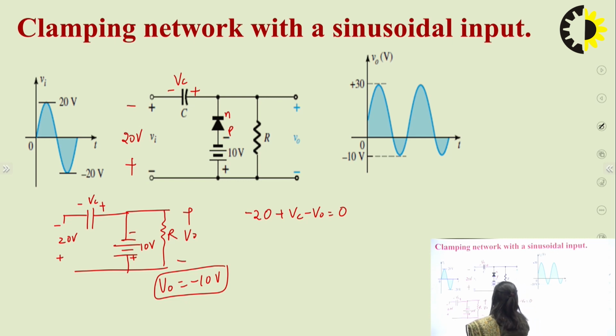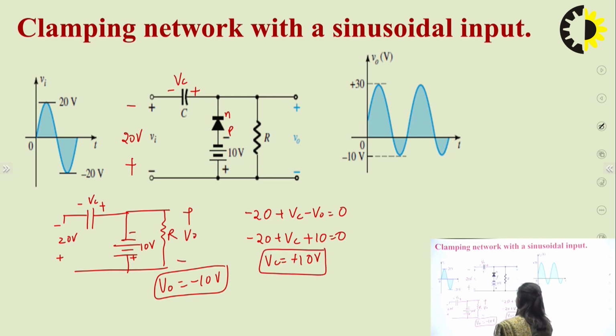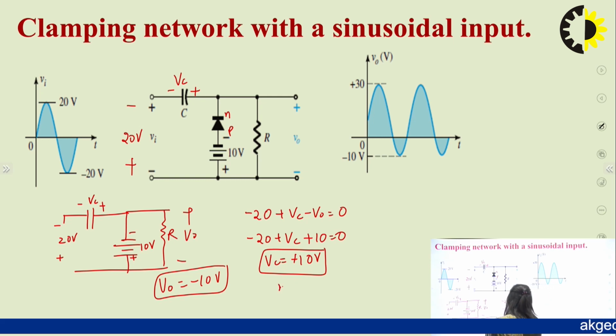Okay, so minus 20 plus VC minus V naught, means minus 20 plus VC plus 10 is equal to 0. So VC would be equal to plus 10 volt. And this was the case in the negative half.